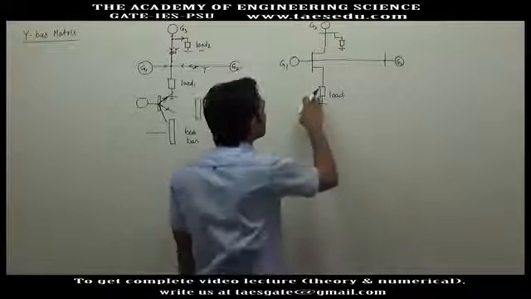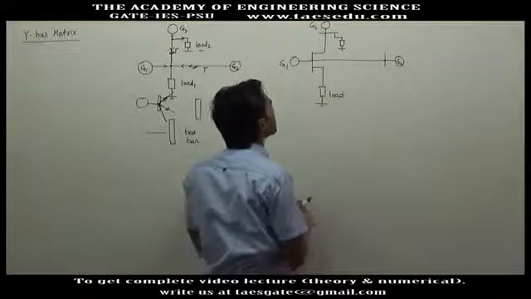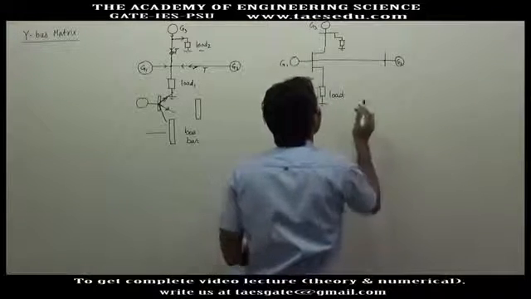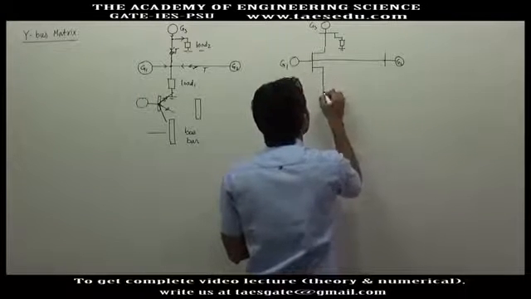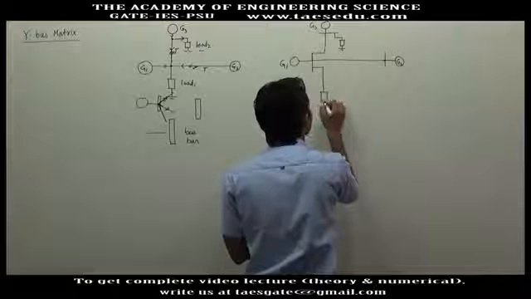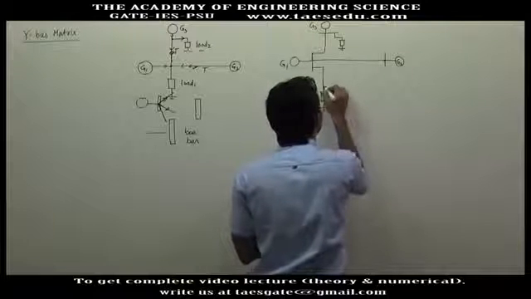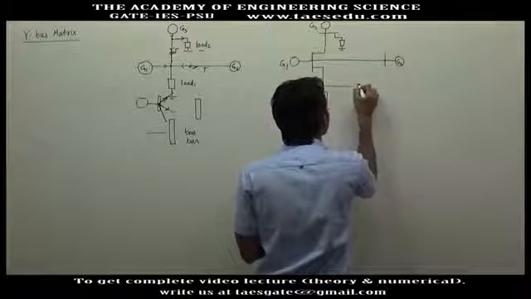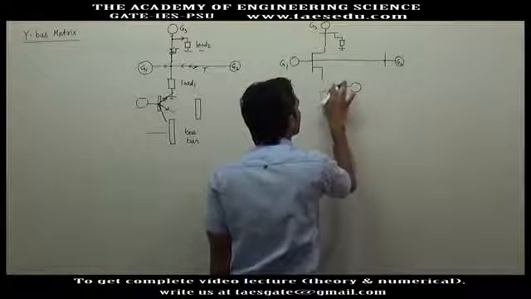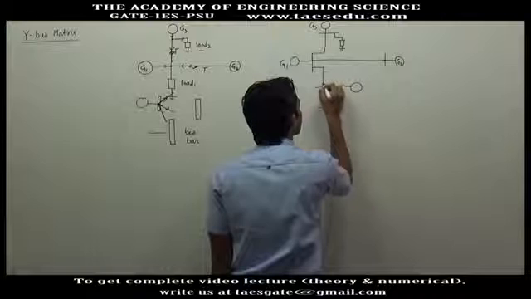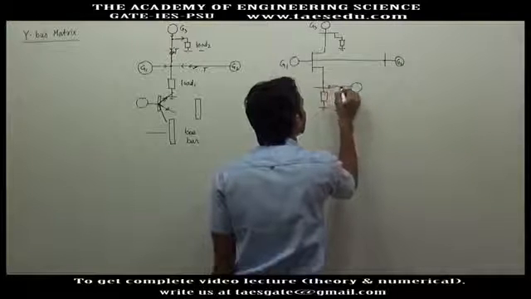Even a load may be connected to many generators. Like this is a load, it may take current from other generators also. Let's say we have a generator here. So instead of this point we will connect a bus here, and we will show it like this.